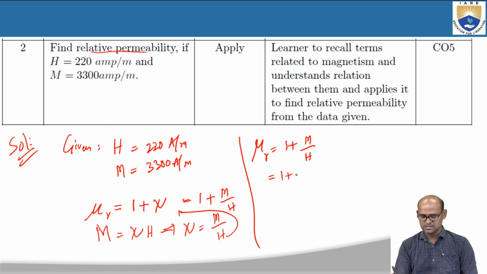So 1 plus M which is 3300, divided by H which is 220. So the relative permeability is 60.